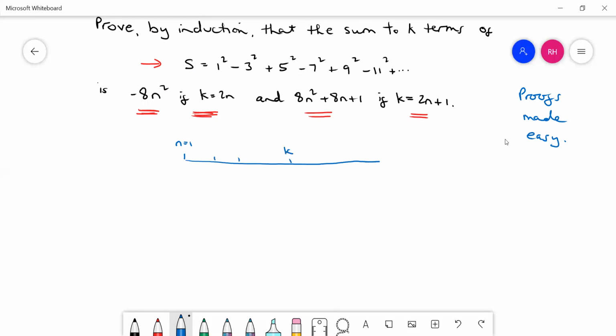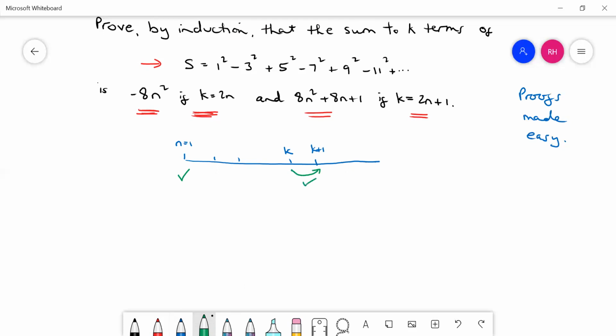what we'll do is we have the initial step, which is to prove that it's true in the case of n equals 1. And then we have the induction step where we just have a variable k. We say assume that it's true for k, and then we show that if it's true for k, then it's true for k plus 1.